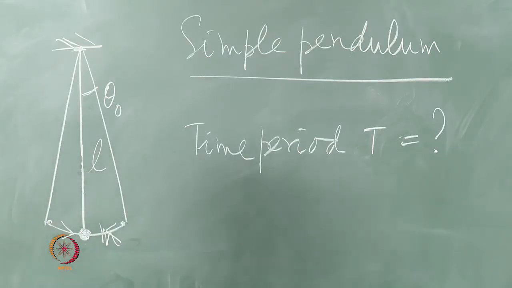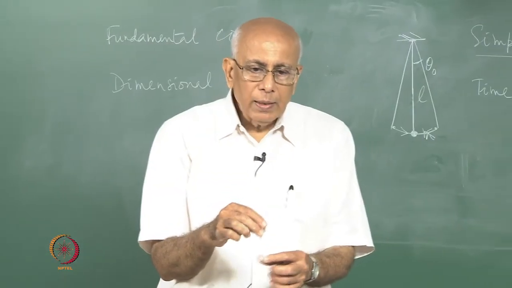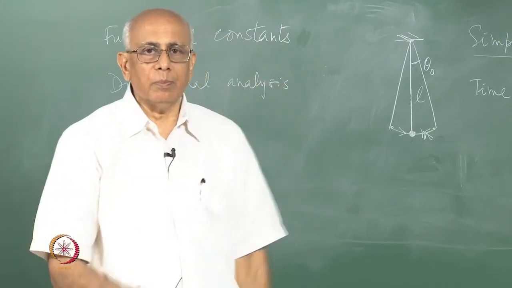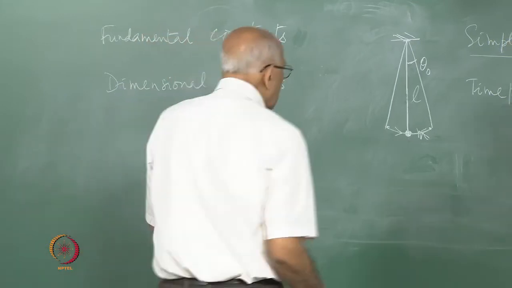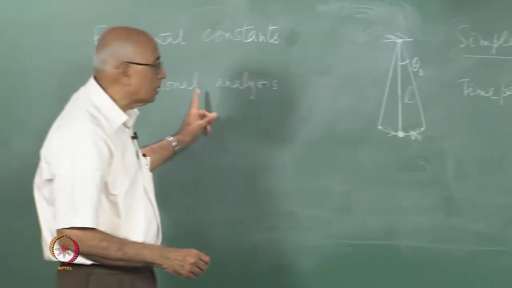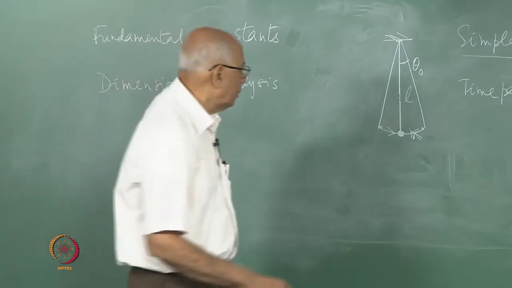Now of course the way to do this problem is to set up Newton's equation of motion for the motion of this bob, and then solve this equation of motion, show that it is periodic motion, and compute the time period. Now that is doing the regular dynamics of this bob, but we are trying to do this by dimensional analysis. So we are going to see how close to the exact answer we can get by doing this.